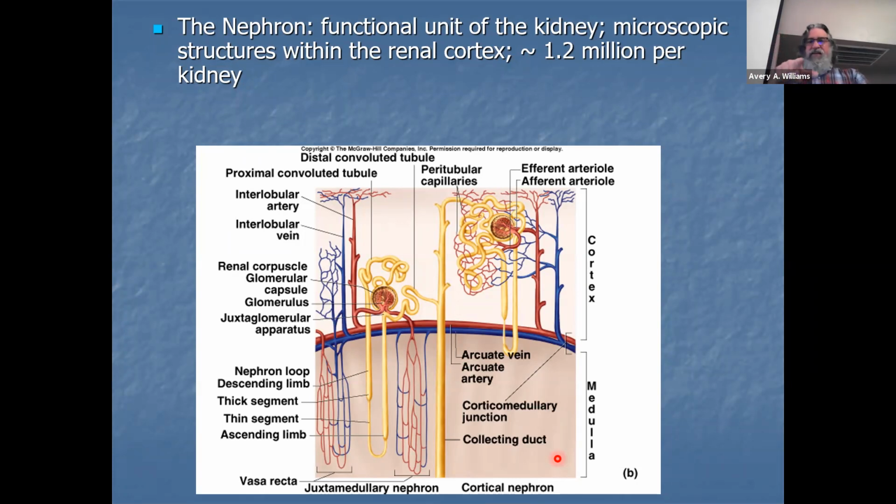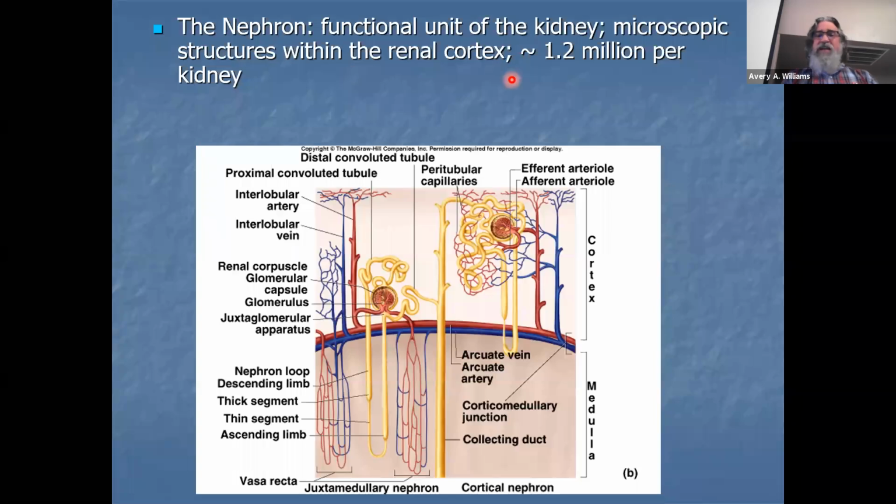And so here, that's how I define it. The nephron is the functional unit of the kidney. One nephron would be. But you have many nephrons per kidney. I tell you right here, there are microscopic structures within the renal cortex, about 1.2 million nephrons per kidney.